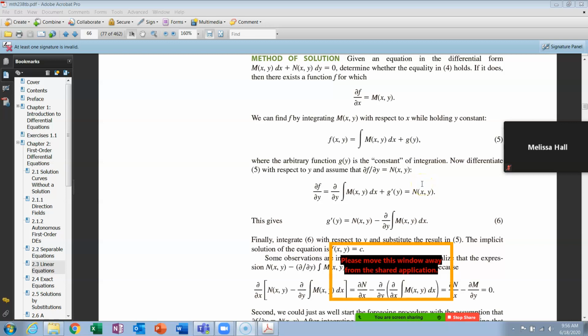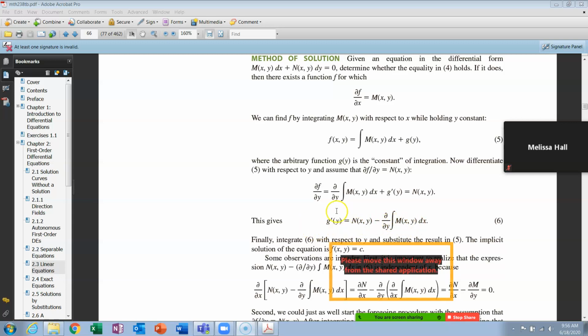Now, they make this seem really difficult. It's really much easier when you really have functions in here. They say that gives you this is equal to n minus this. Now this is making this more difficult than it needs to be, but it's doable. This is a function of x and y. This is a function of x and y.